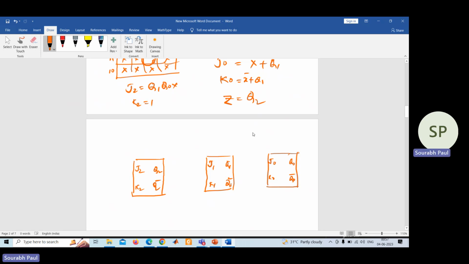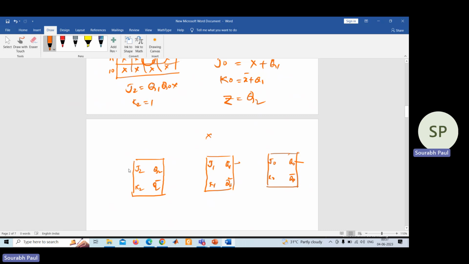Now see for J2, what was the expression? Q1 Q0 into X. So ideally I should take the connection from this Q1 and this Q0 and some input X. But if I take so many connections, as 7 different variables are there, so many connections will be there. So it will be confusing.